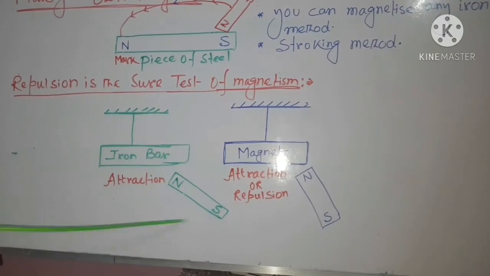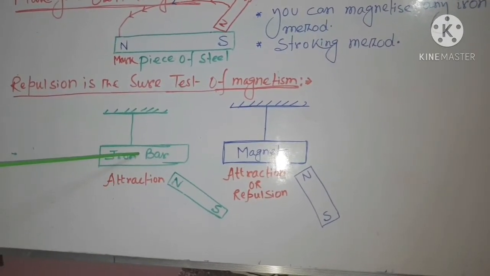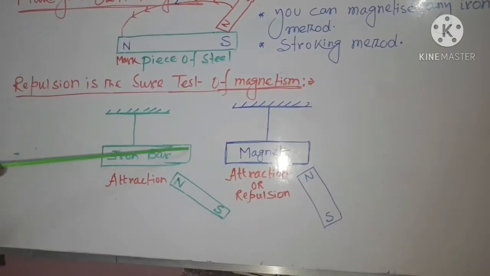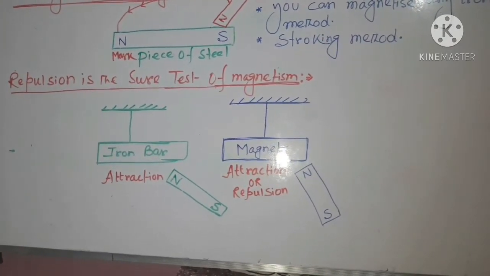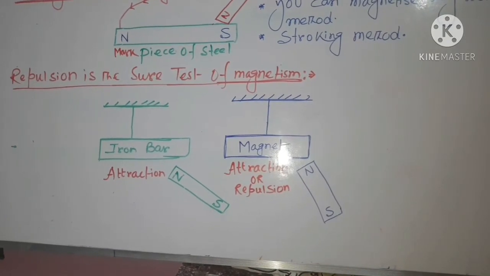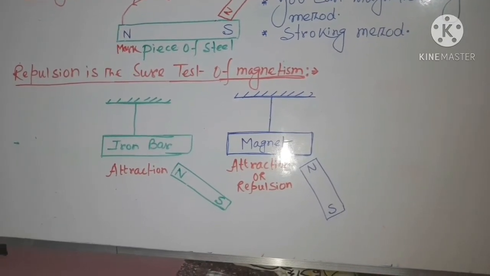Since there is attraction with both ends of the permanent magnet, we cannot say whether it is a magnet or a magnetic material bar, because attraction exists between magnetic materials and a magnet as well as between unlike poles of magnets.